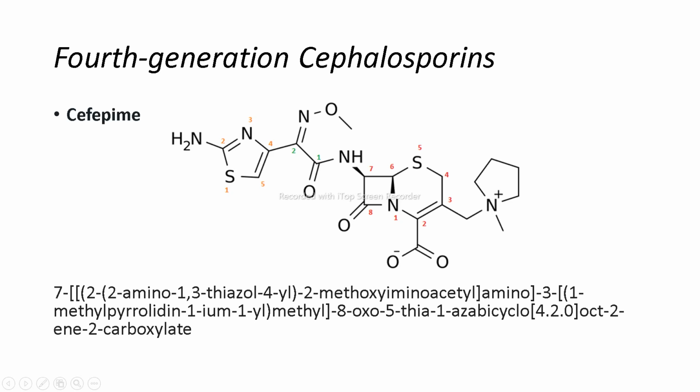So if we started IUPAC nomenclature from this amino group, then whole group which is there at the 7th position, we nominated that first. And then later on we nominated this methyl. Then later on we nominated this pyrrolidinium. Then at last we nominated this oxo, and at last the same part, that is the 5-thia, 1-aza, whatever. So we start the nomenclature from the 7th position.